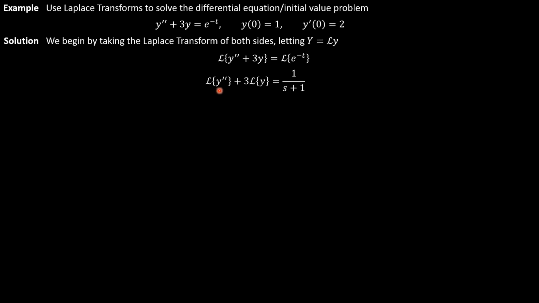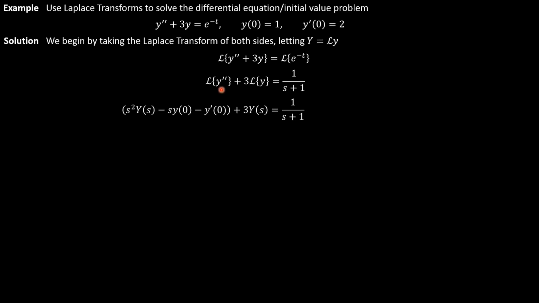And we also use the Laplace transform formula for e to the kt, with k equals negative 1 in this case, which you'll recall was 1 over s minus k. And on the left-hand side, we use our second derivative formula.